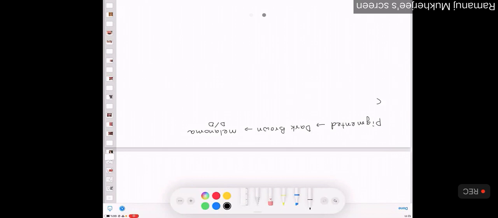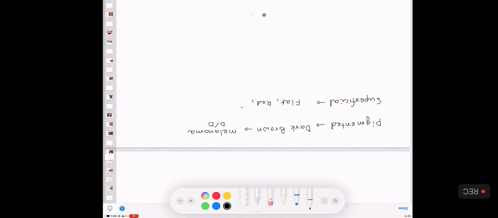The next type is called the superficial type, which is again not raised but a flat, red, scaly, itchy lesion. Can you tell, with your knowledge of dermatology, any condition that is usually exactly like this and is seen on the trunk?